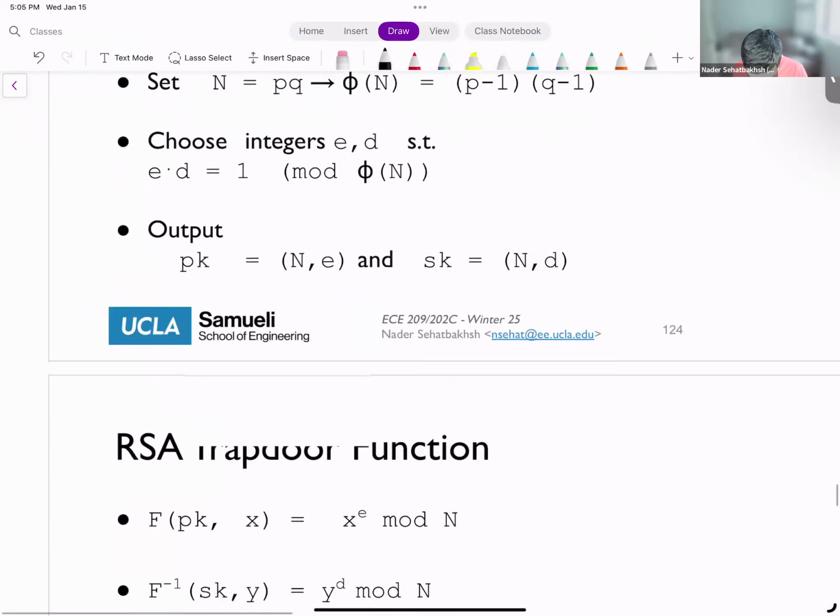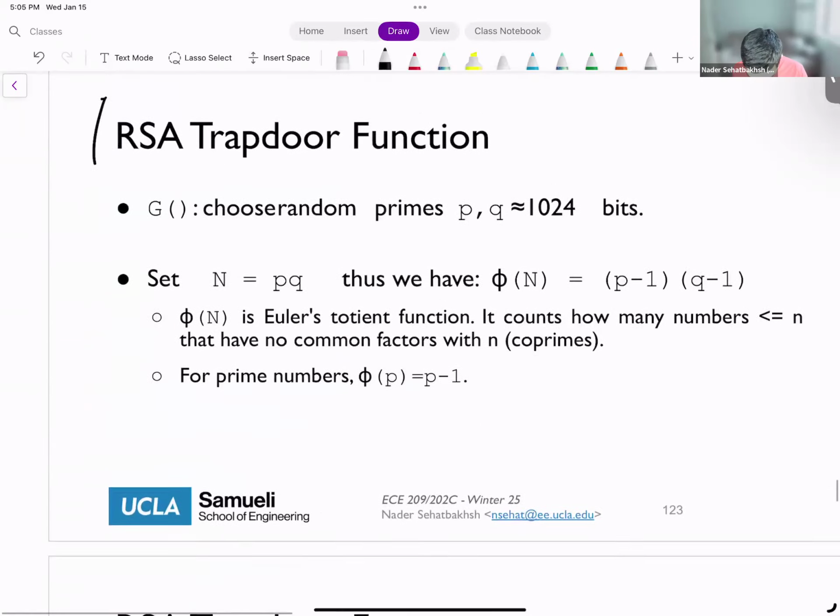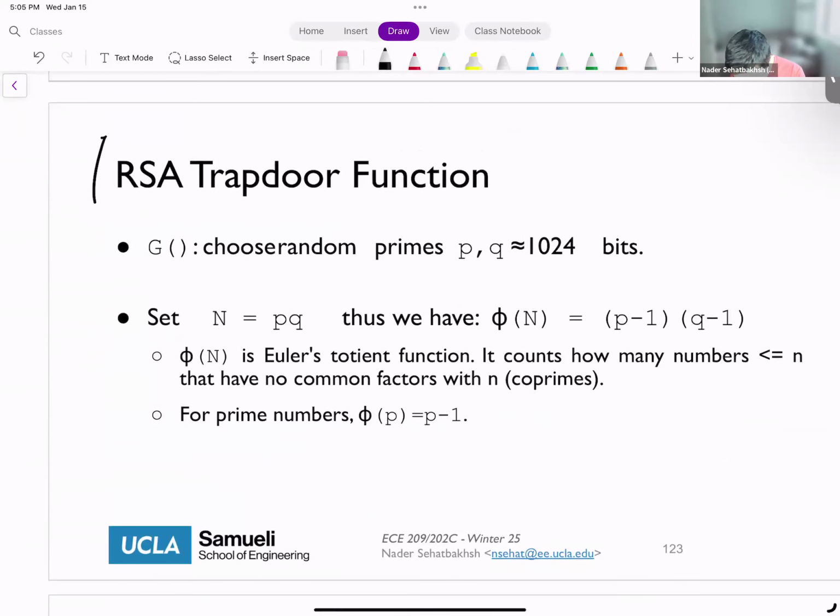Actually, let me do this example, and then we're going to give you a short break. So this is the actual RSA trapdoor function. Here are the steps. G of S, as I said, is a generator function for RSA.